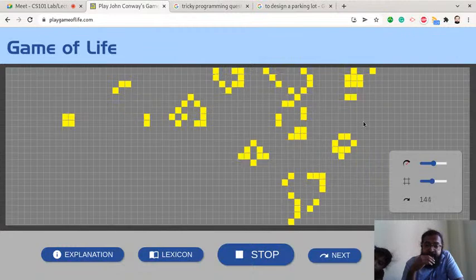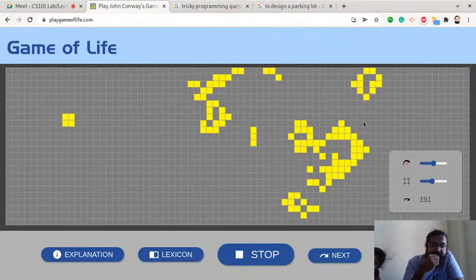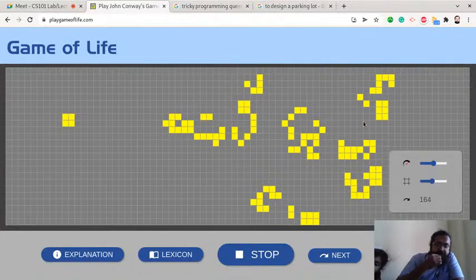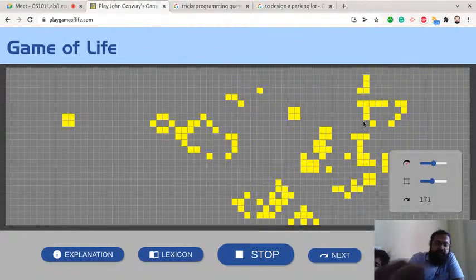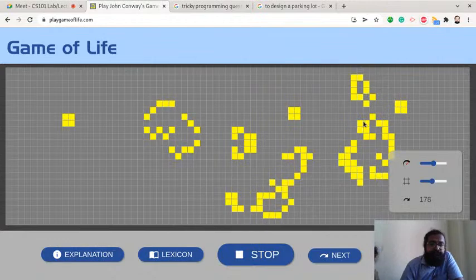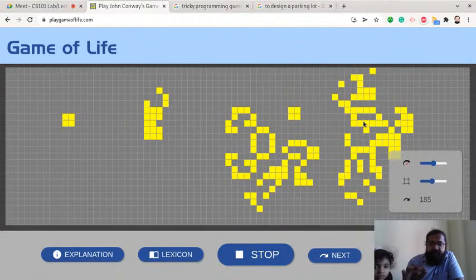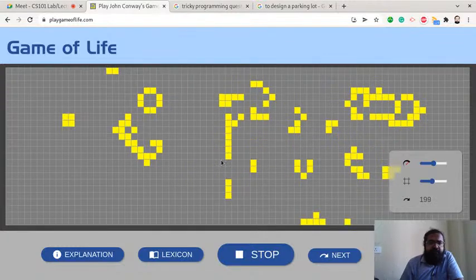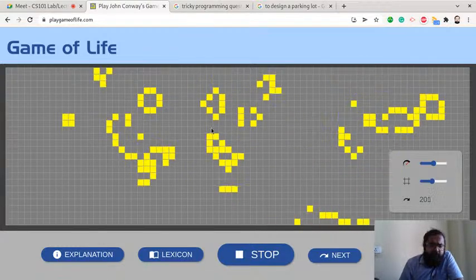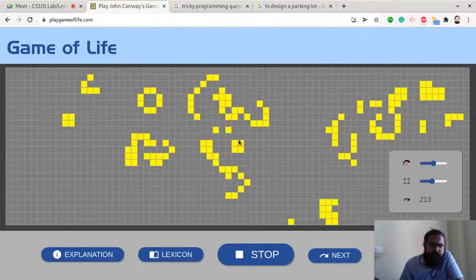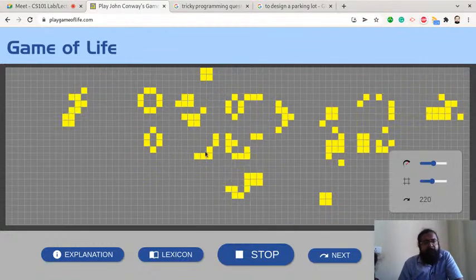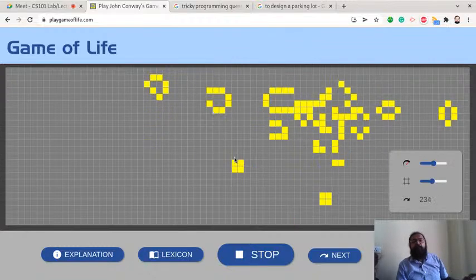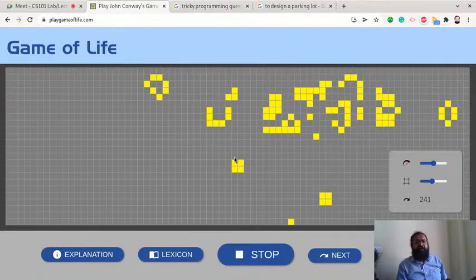Let's see what happens. Wow, it's not always moving to one place, but it is making some cluster at some place. So that is the game of life that is expected, and in a C program you can represent it with a star or a hash, where the cells are alive, because you have only a black and white screen and you have limitations.